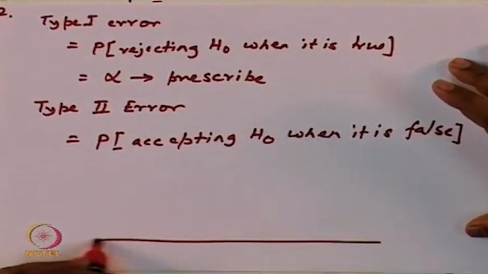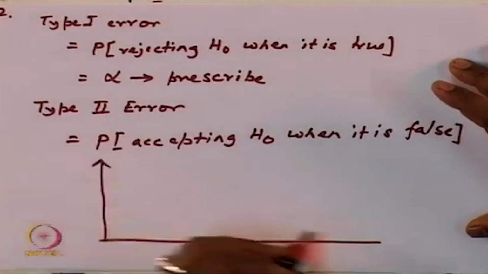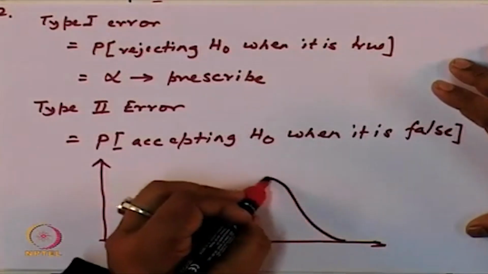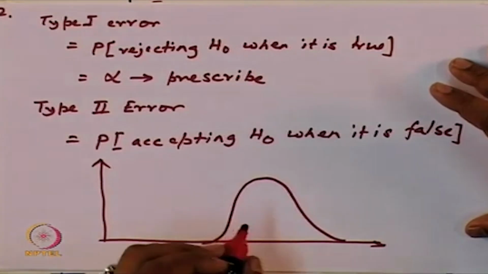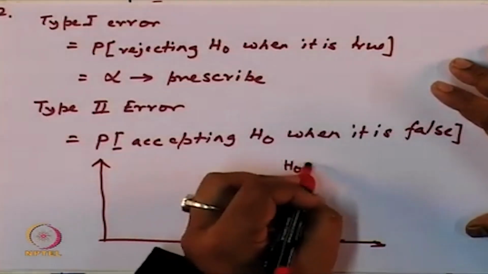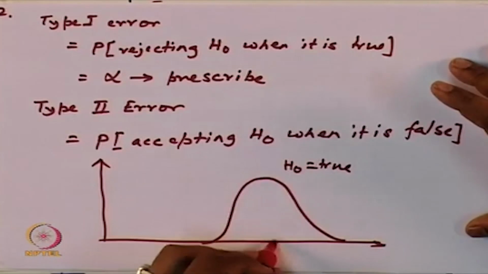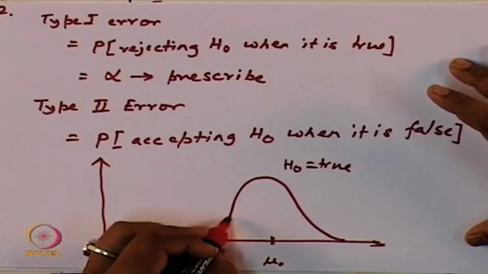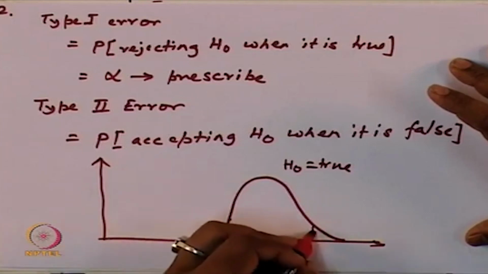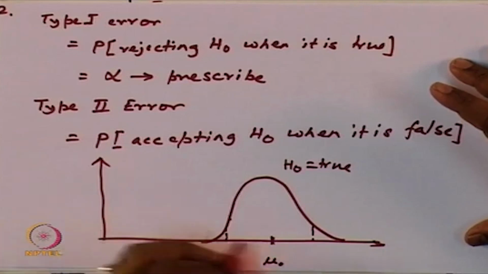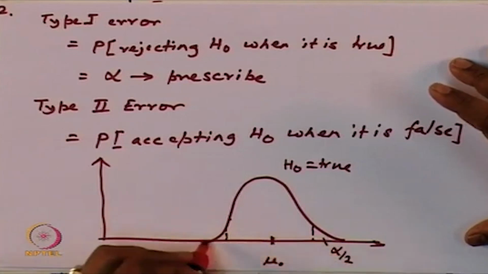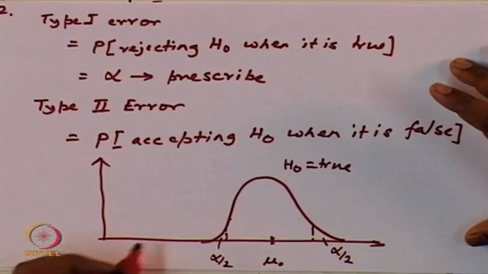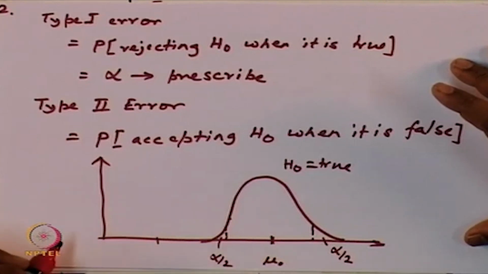So, if I draw, let us say this is your H naught being true, this is your mean, and this corresponds to mu of 0. For a two-tailed test of hypothesis, this is your alpha by 2, this is your alpha by 2. Now, let us say your sample gives you a mean of mu a, which is different.